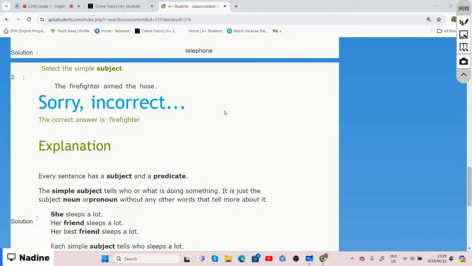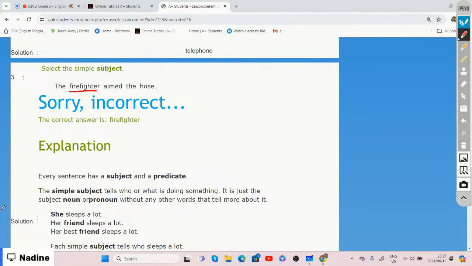All right, so if we were to identify our simple subject within the sentence, we would say it is firefighter. So not the firefighter, just firefighter, because firefighter is the subject that tells us who is doing something.